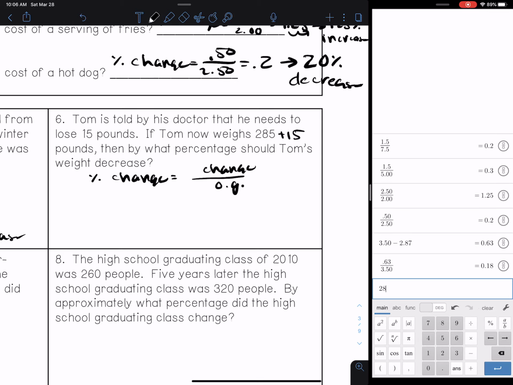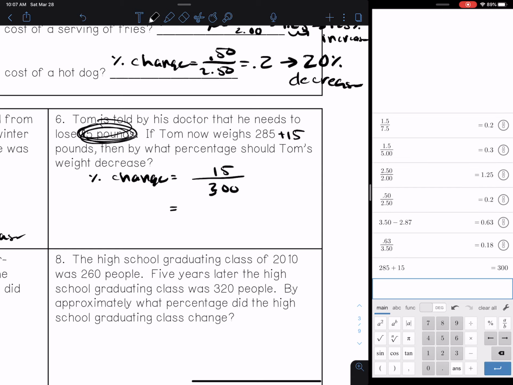So that must have been his original. And then how much did it change by? Well, he started off with 300. Now he's at 285. So he lost 15 pounds. So he changed by 15. And that's looking a lot better.